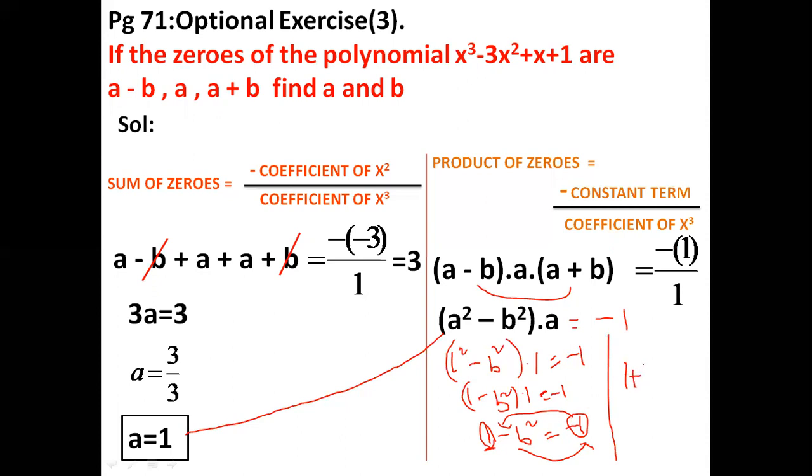So plus 1 is equal to, and I'm taking this minus b square to the right side. If minus b square comes to the right side, then we get plus b square. No need to write plus. So b square. Here 1 plus 1 is 2. So 2 is equal to b square.